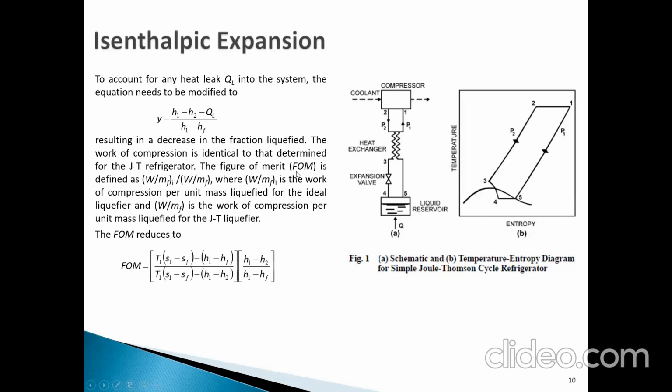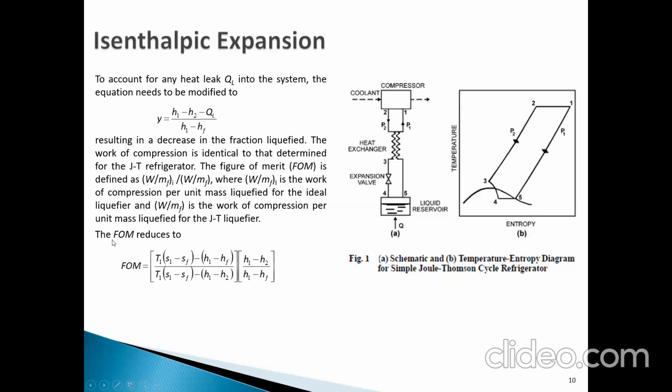The figure of merit, FOM, another term other than COP, so iba naman to. FOM is defined as W over MF1 divided by the W over MF, where W over MF1 is the work of compression per unit mass liquefied for the ideal liquefier, and the other is the work of compression per unit mass liquefied for the GT liquefier.